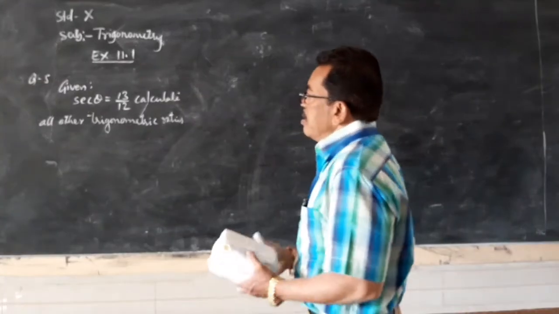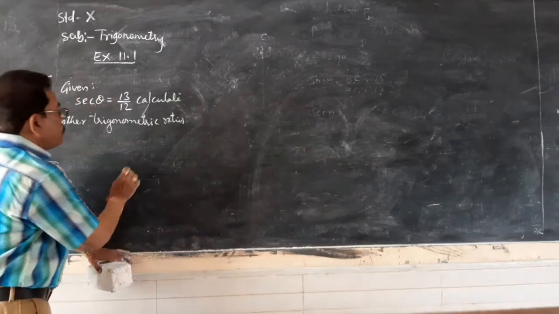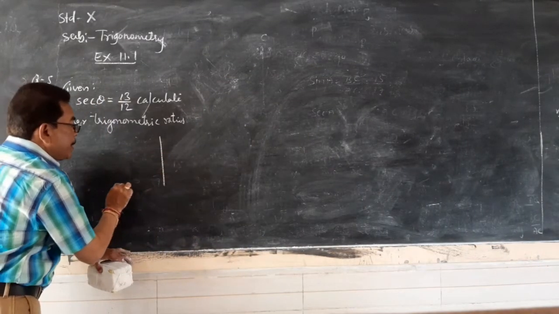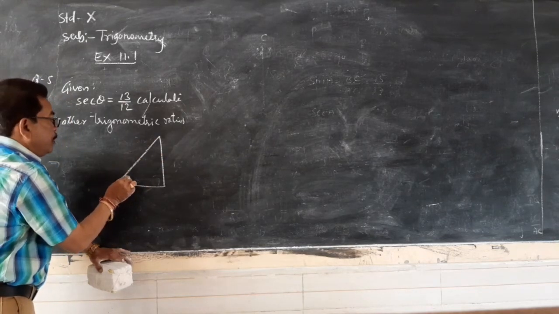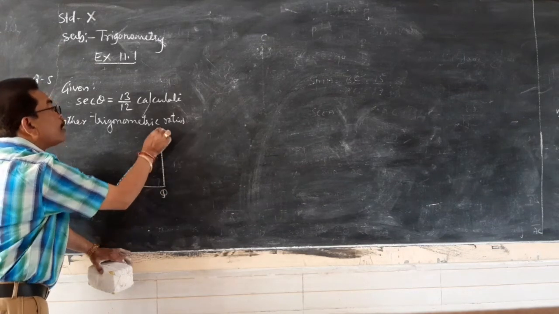This one is the fifth one. Sec theta is equal to 13 by 12. As usual, let us draw the diagram. Theta, PQR.